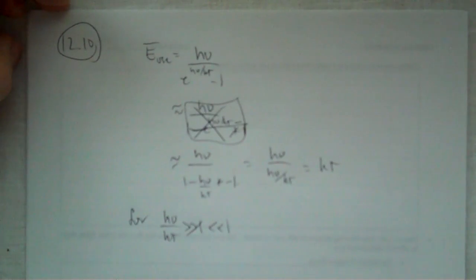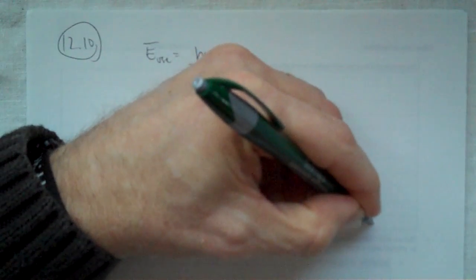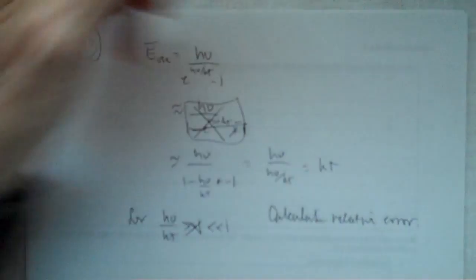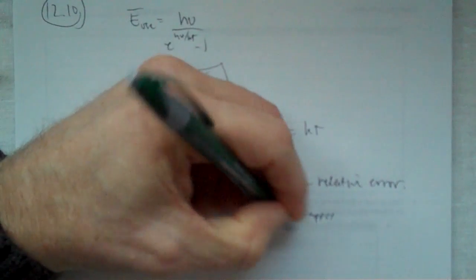Alright, so the question is, calculate the relative error. First of all, calculate relative error, which is defined as E_os minus E_approx all over E_os.